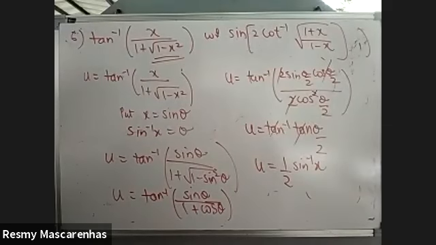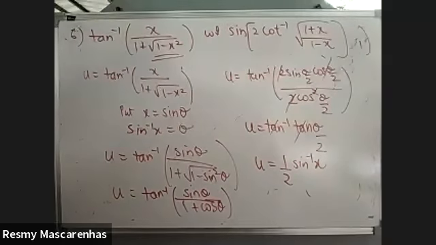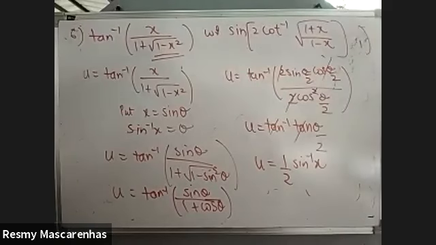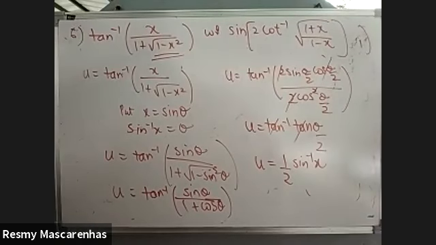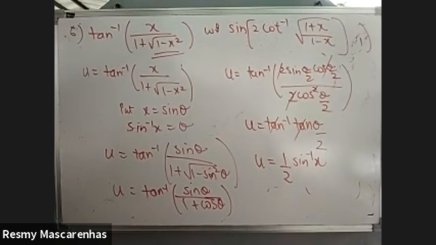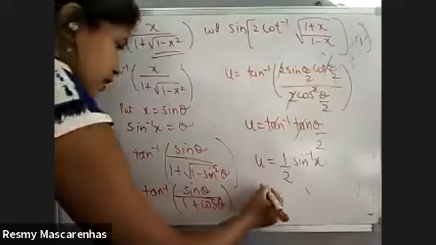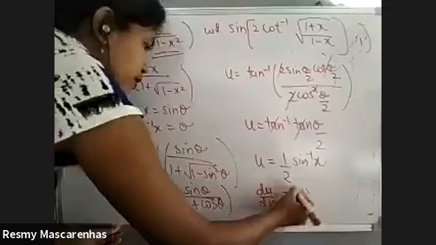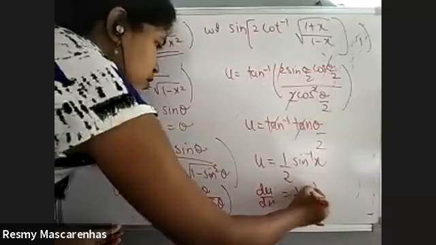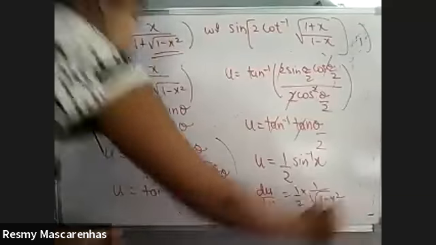And now differentiate. So du upon dx will be half upon root of 1 minus x square.